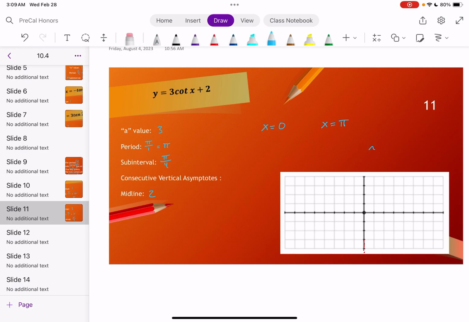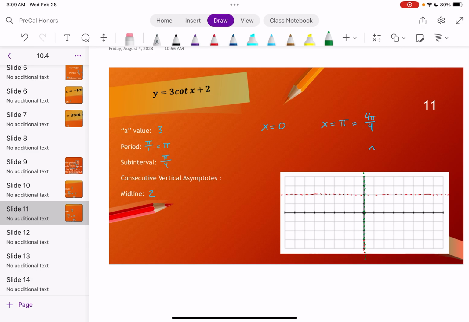Now remember, we have pi and our subinterval is pi over 4, so we're going to go ahead and make this into 4 pi over 4. Our midline is going to be 2. We know that our starting point for our asymptote is going to be at 0. So that's going to be our y-axis.